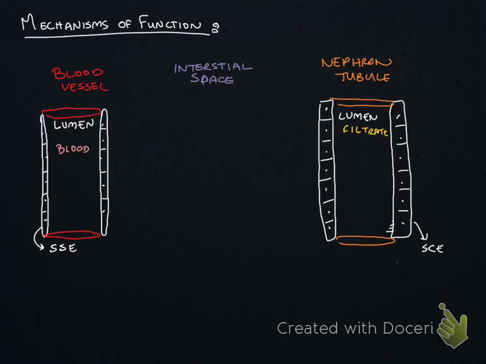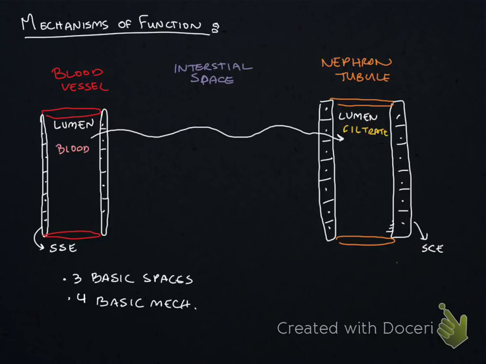So, in essence, we're going to have 3 basic spaces, and we'll see 4 basic mechanisms. So the first mechanism is moving stuff from the blood into the lumen of the nephron tubule, and we call this mechanism filtration.